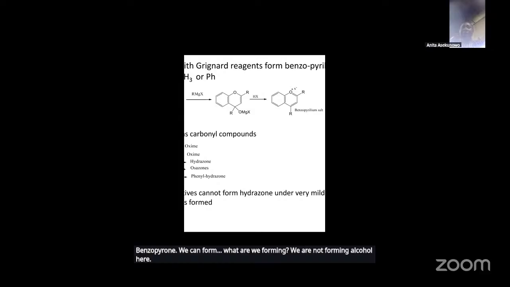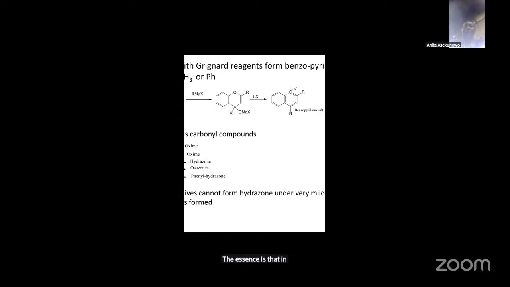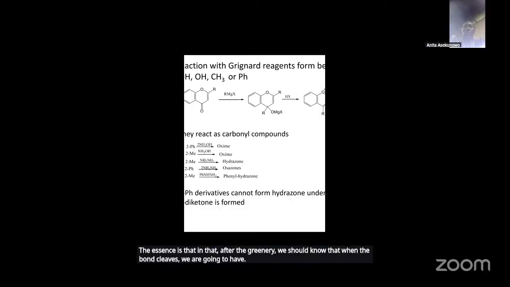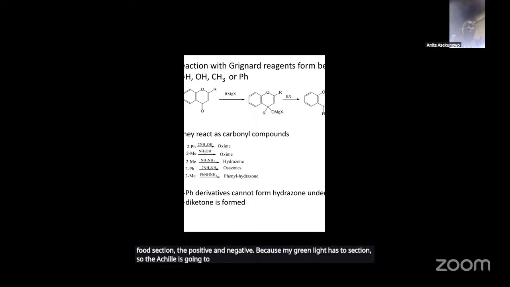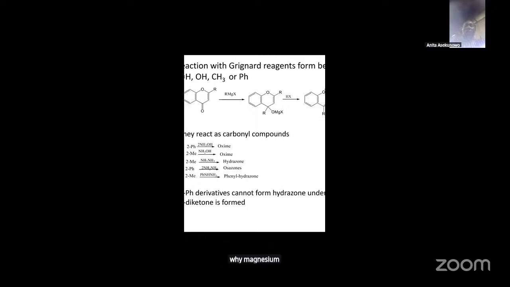The essence is that after the Grignard reagent reacts, when the bond cleaves, we are going to have two sections, the positive and the negative, because the Grignard has two sections. The alkyl is going to attach to the positive, while magnesium is going to attach to the negative.